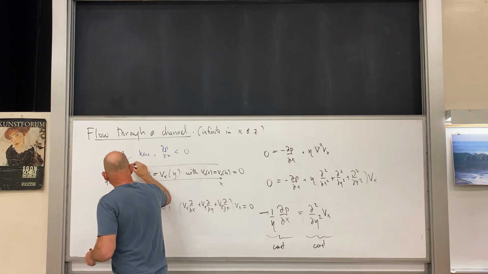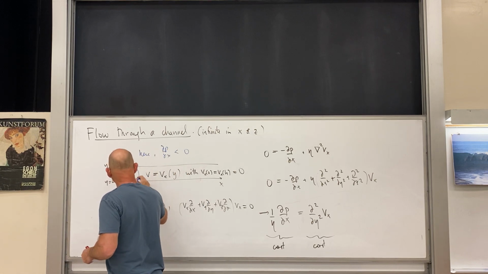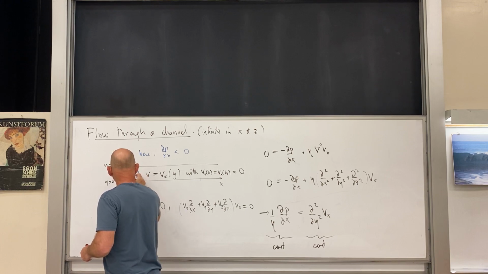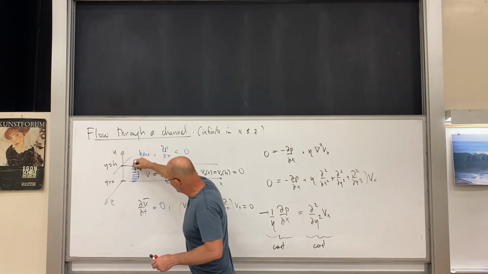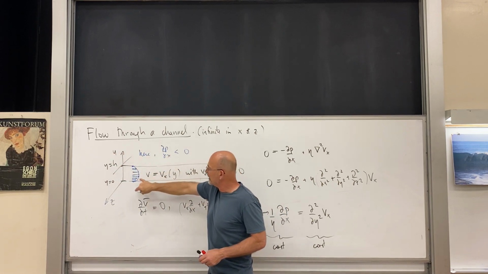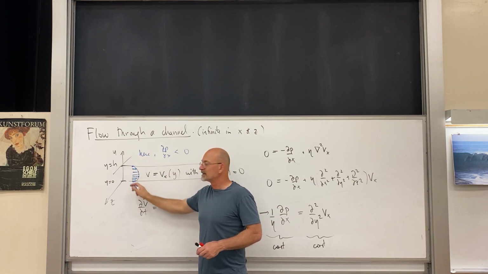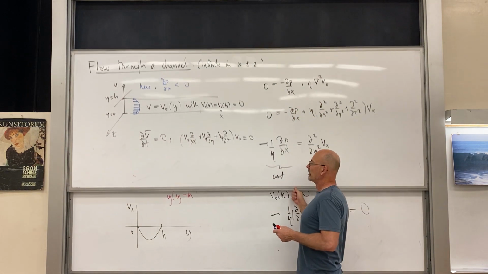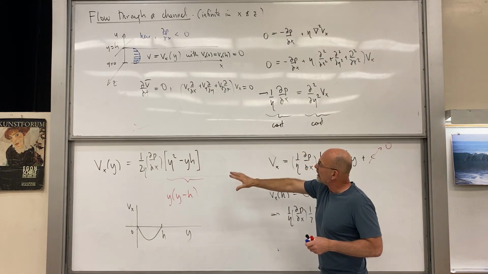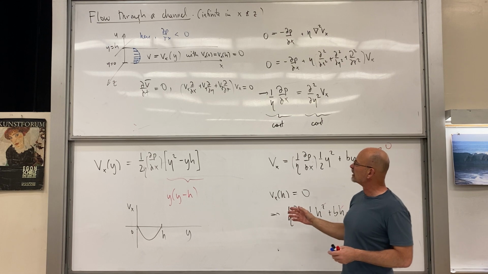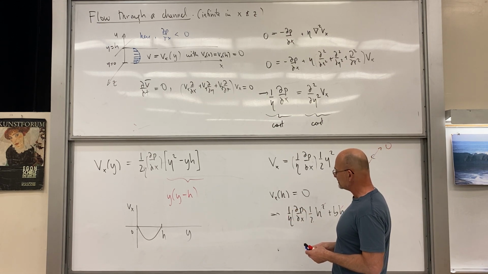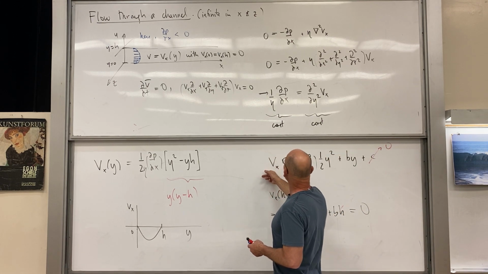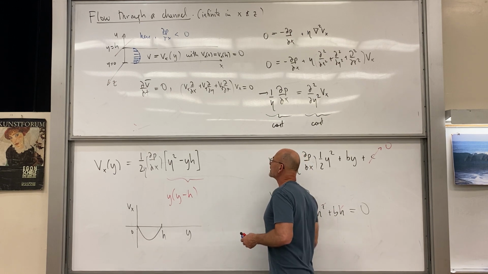So what we get is this profile like that, where we've got the 0 here, and then the speed is the greatest in the middle, and it's 0 at the boundaries there. So that's a real channel flow. It's good to talk about the channel first, because when we do the pipe, the math will be a little more complicated. But we also are going to do the pipe. Okay, so we have that. We'll go ahead and send this up.